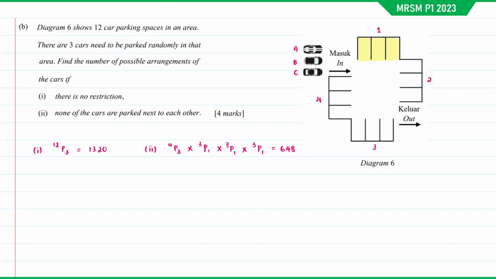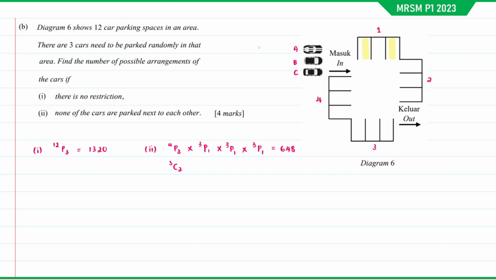For scenario number 2, we're still going to look at these 3 parking lots as 1. So let's say in this parking lot number 1, there are 2 cars arranged in it. So in order these 2 cars are not parked next to each other, then they can only park at the side here. So first we're going to choose 2 cars to be parked in the parking lot number 1. So this will be 3C2.